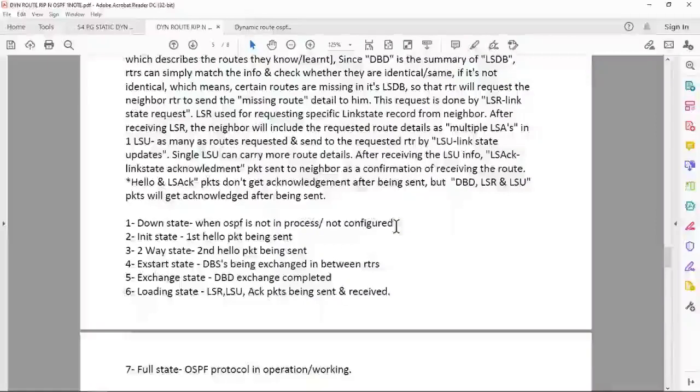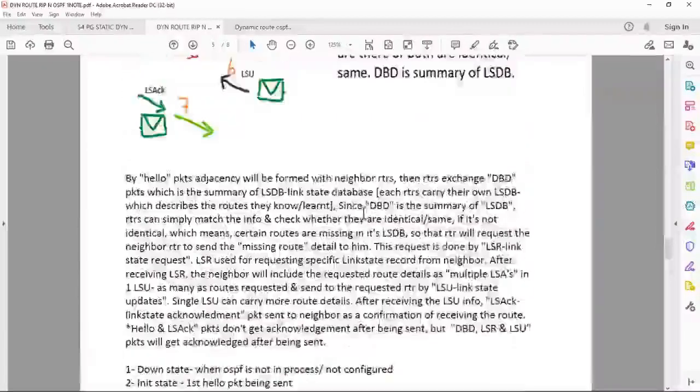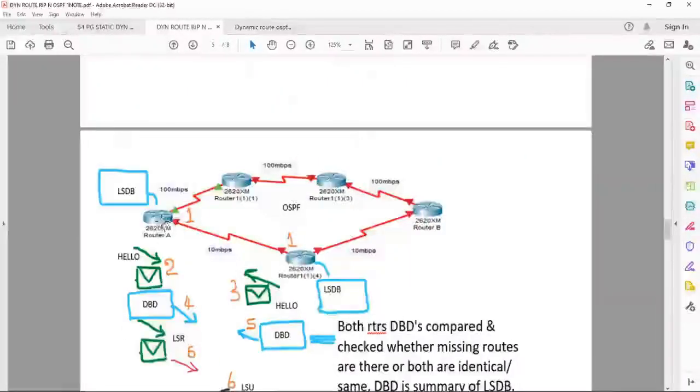Next you must know what the LSDB, the link state database, is. Each and every router, when you configure OSPF, includes the routes it knows. For example, router 1 has an LSDB, and the neighbor router also has its own LSDB.